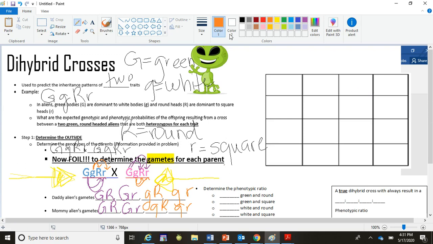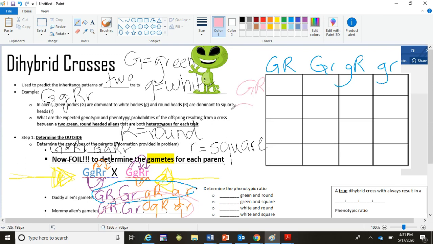First I'm going to put the dad's gametes in blue across the top, with 2 letters across every box. Now mom's I'm going to put in pink.